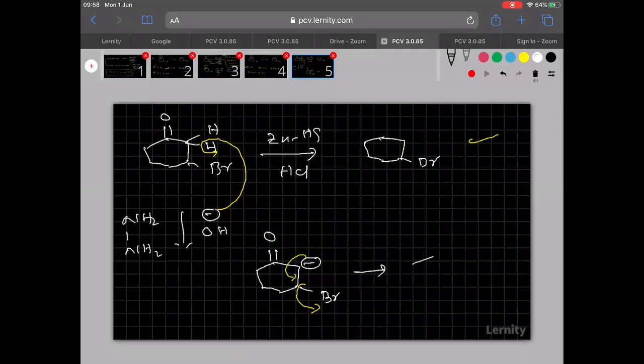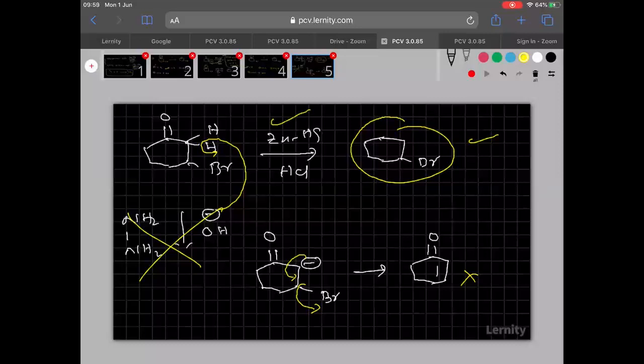Clear? Then what is the product formed? Tell me. The product formed is this one. But we want this product, no? We don't want this one. Therefore, this is not the reagent used. This is the reagent used, Clemmensen reagent. So here I can make a statement. See clearly.